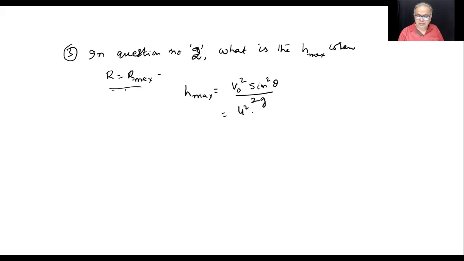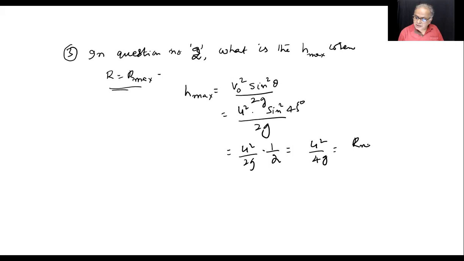For R equals R max, theta is 45 degrees. So U square by 2g into sine 45, which is 1 by root 2. 1 by root 2 whole square is 1 by 2. So U square by 4g, which is nothing but R max by 4. Isn't it so?